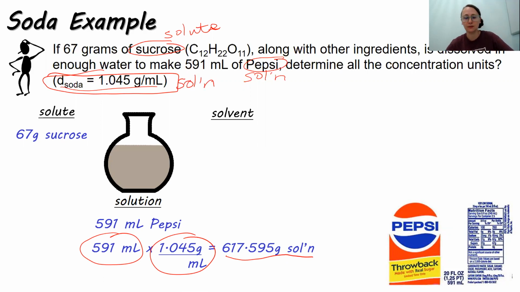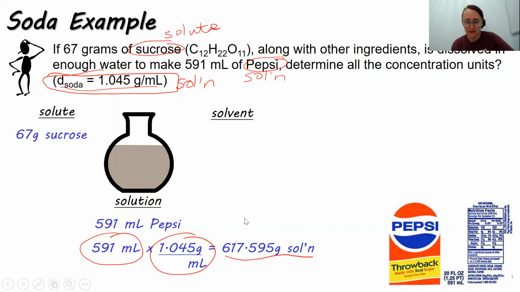We cannot use that with the solute. We cannot use it with the solvent. We can only use it with quantities, either the mass or volume of solution. So the 591 milliliters of solution times 1.045 grams of solution per milliliter of solution gives us 617 grams of solution.